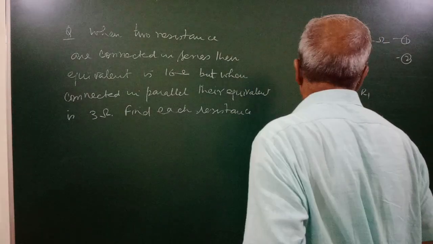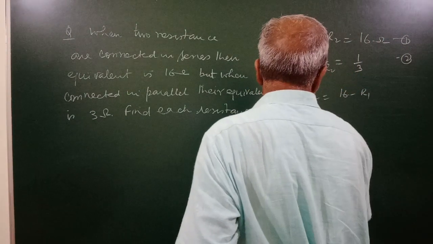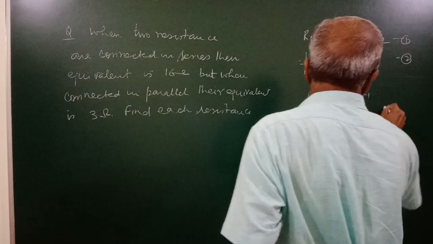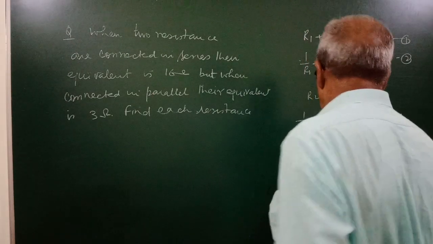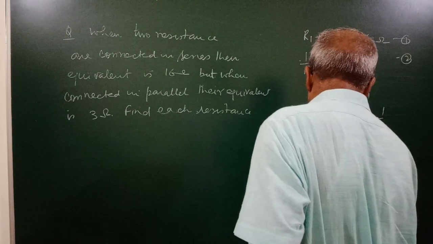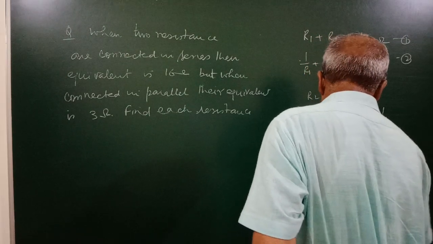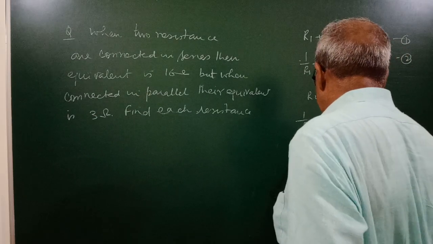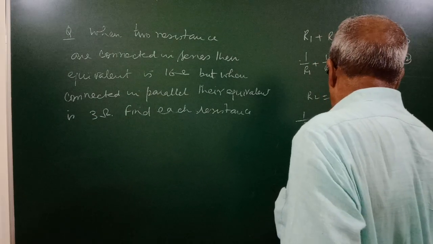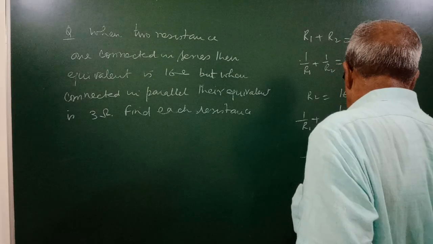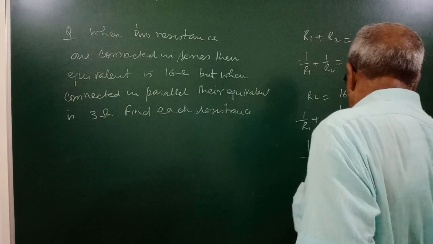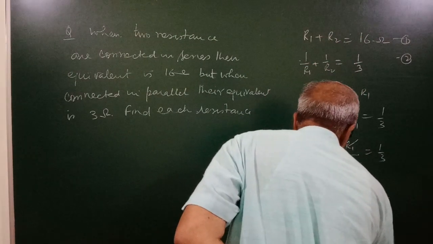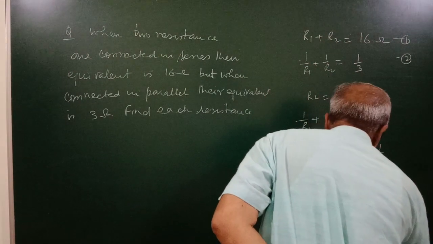Putting this value here, 1 upon R1 plus 1 upon 16 minus R1 equal to 1 by 3. LCM comes R1 into 16 minus R1, then 16 minus R1 plus R1 equal to 1 by 3. So you get here a quadratic equation, 48 equal to 16 R1 minus R1 square.